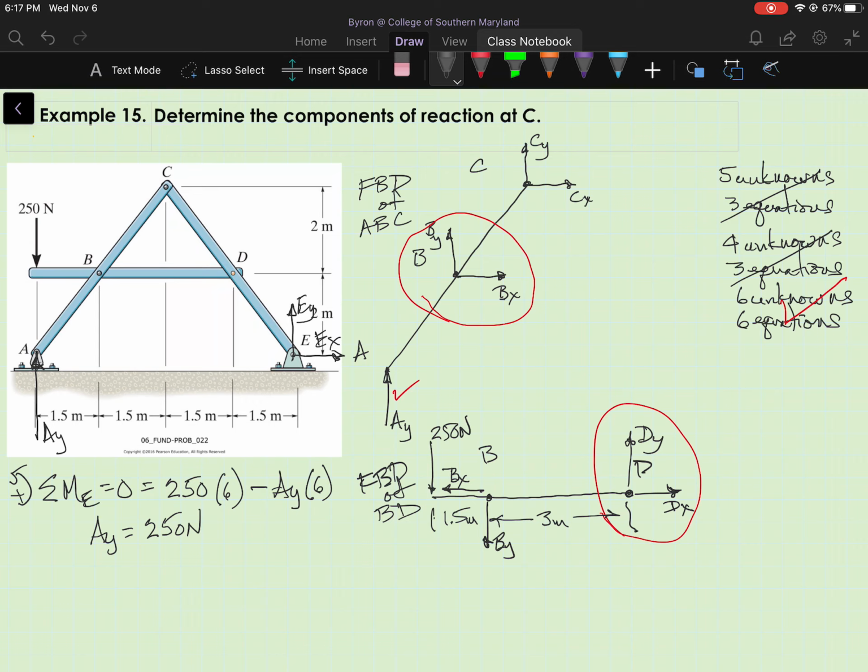And back on my original free body diagram, I've got .5 meters, 1.5 meters, and then two meters and 2 meters in the vertical direction.